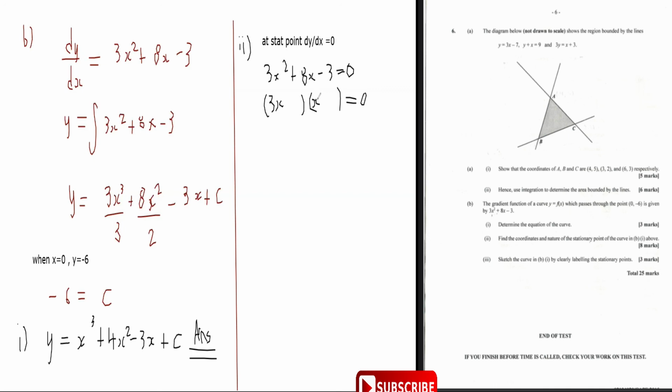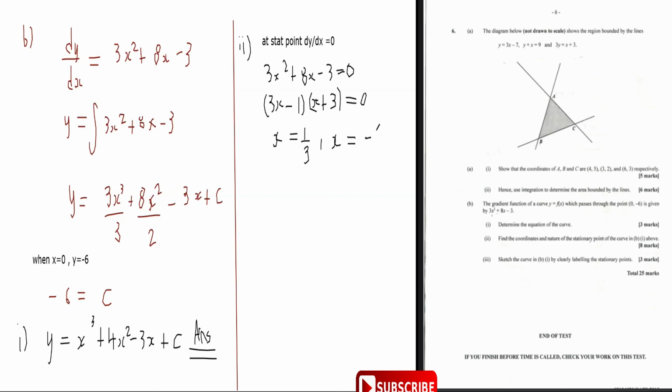Looks like 3 and 1. Signs are different. The greater product is positive, so this is plus, and this is minus. And so the two stationary points are occurring when x is equal to 1 over 3 or when x is equal to negative 3.